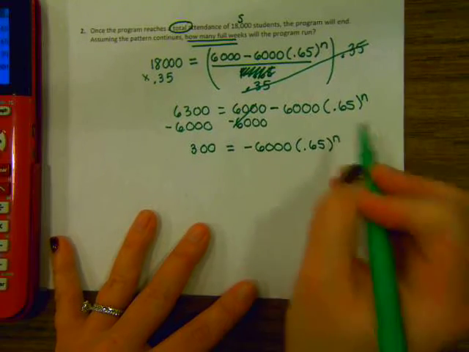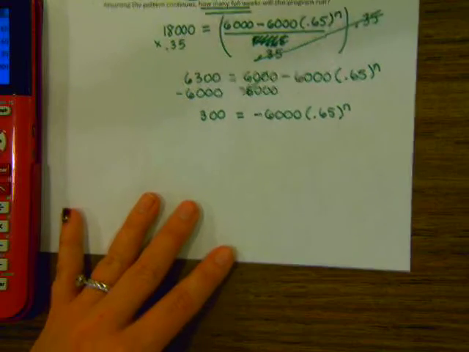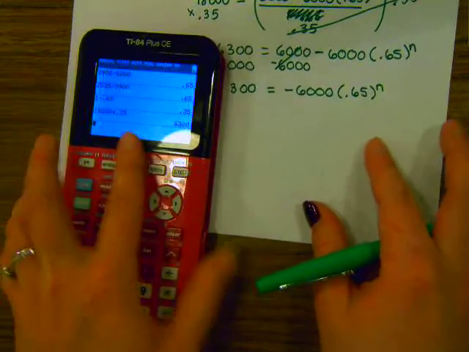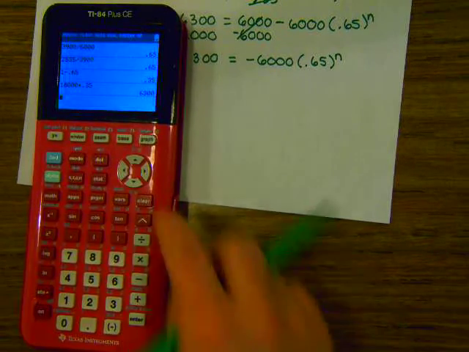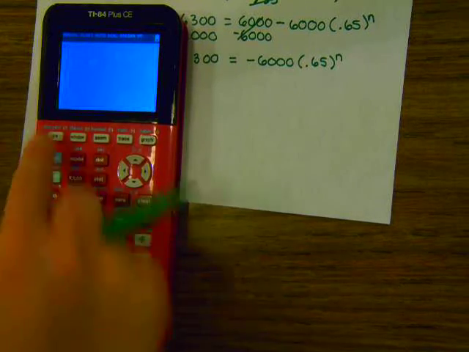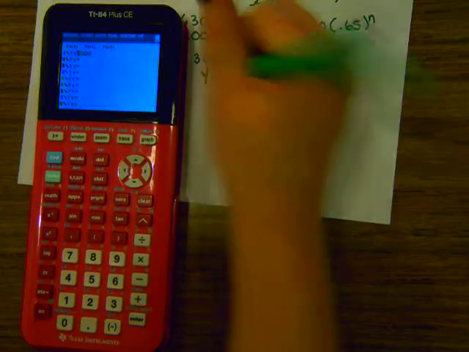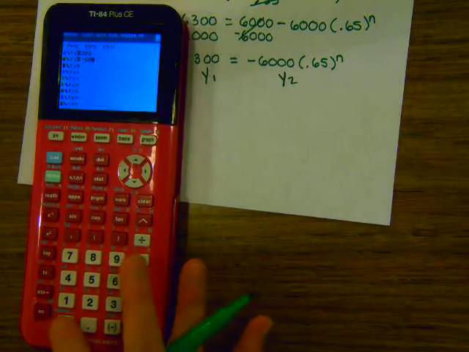This I think is one of the easiest ones to find at this point, guys, because it's pretty simple to put the 300 in your y1. So I'm going to go to my y equals, put 300 in my y1, and put this expression, negative 6,000 and so on, in my y2.